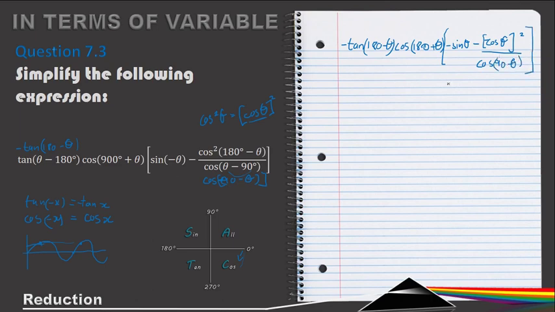Right, then for this next step, this one I can now apply the reduction formula on. 180 minus theta is in the second quadrant, so that's sine's quadrant, so it's going to be a negative tan theta.